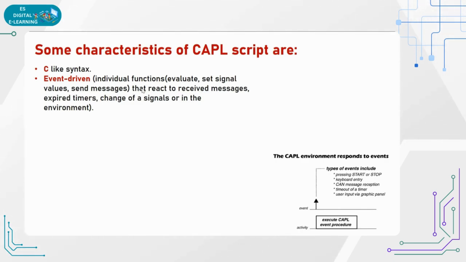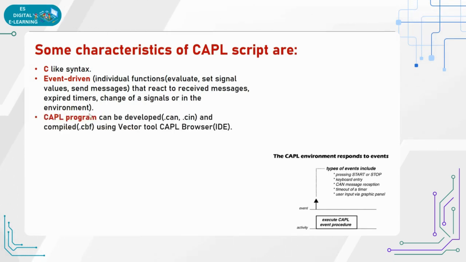What event driven means is set signals, send messages. So it is the same as C programming. When you are saving or developing the program, it will be in .can files.